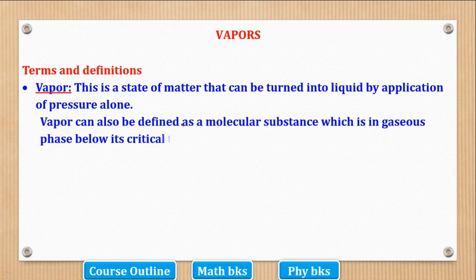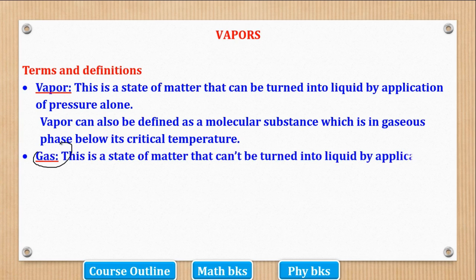It can also be defined as a molecular substance which is in gaseous state below its critical temperature. This term, critical temperature, was covered in thermodynamics. Hope you remember it. The video is already there on the platform.